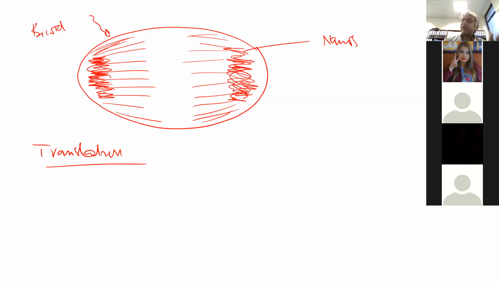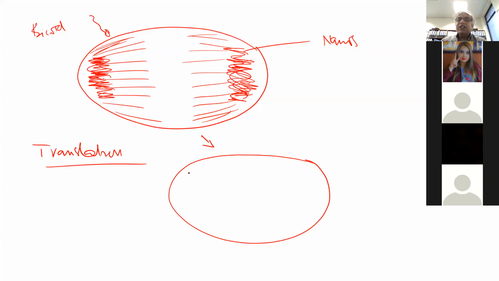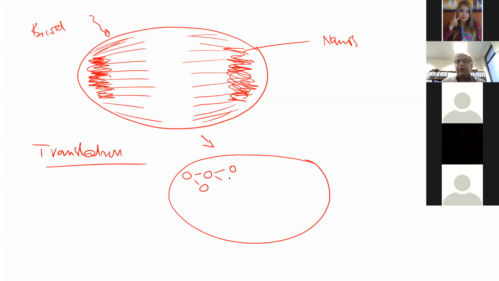Remember, after fertilization, the fruit fly embryo grows in a very specialized way. The nucleus divides. So after fertilization, it becomes 2, 2 become 4, 4 to 8, and so on, up to stage 13.